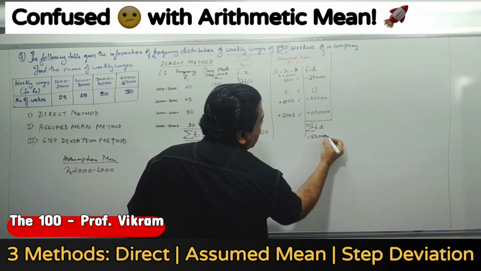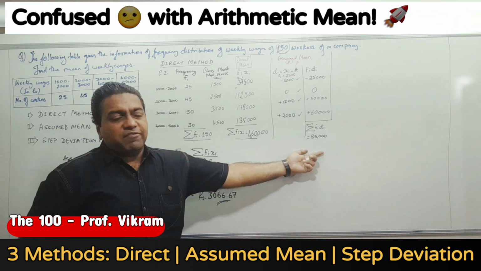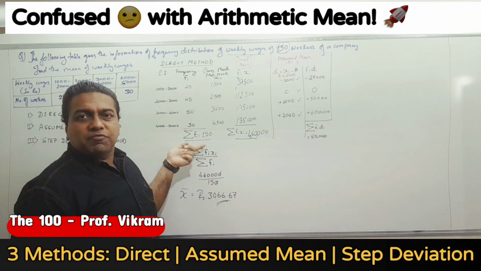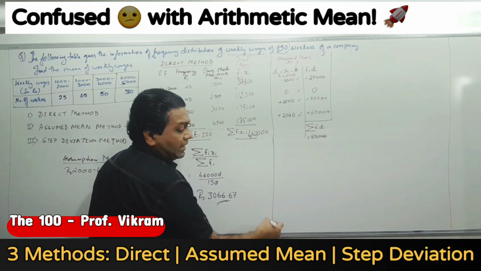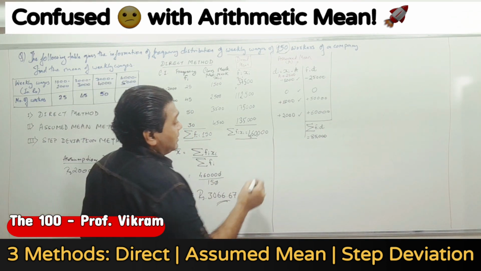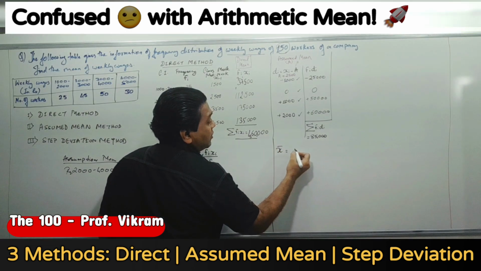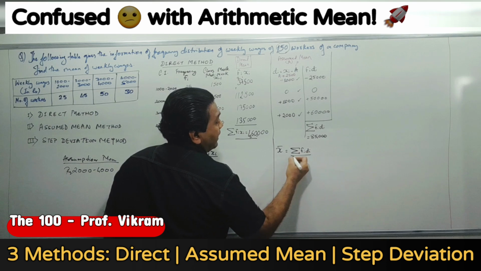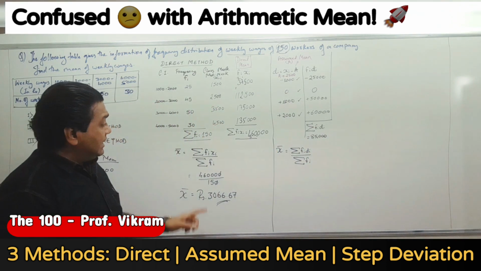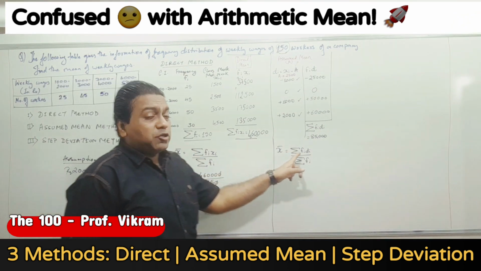So what I get over here is summation of fidi, and I have summation of fi. The formula for assumed mean method changes slightly. The formula will be x bar is equal to summation of fidi upon summation of fi. Instead of fixi, it is going to be fidi.